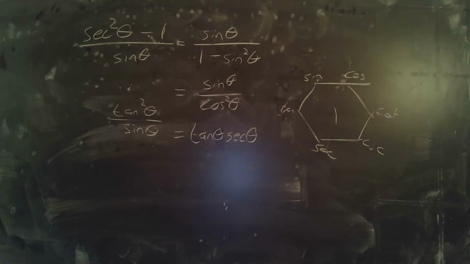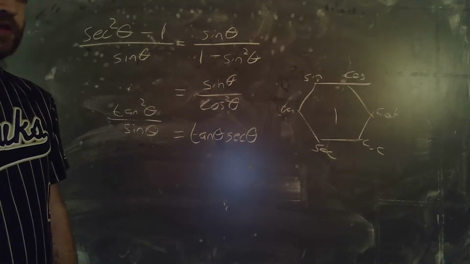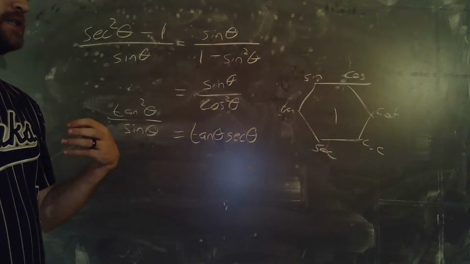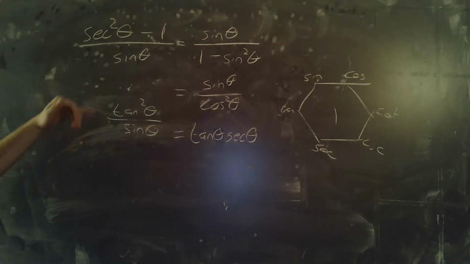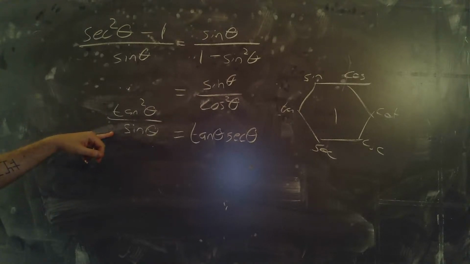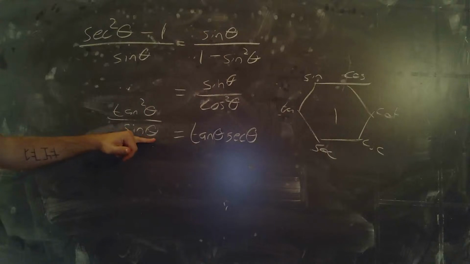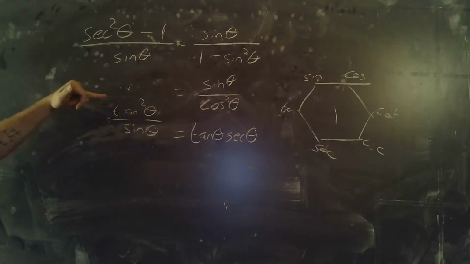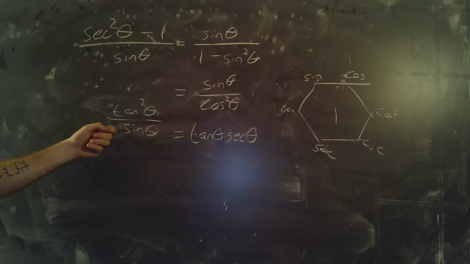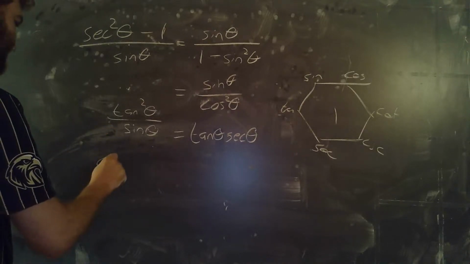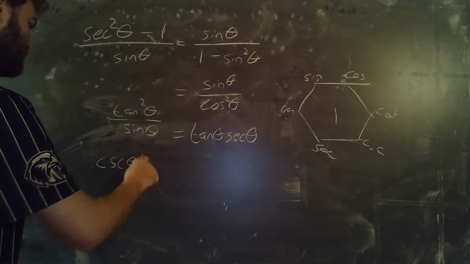So the move that I'm trying to get you to think of as a nice little hack, so to speak, is when you don't know what to do with something, like one thing over the other, you can move something from the bottom of the fraction bar to the top of the fraction bar as long as you turn it into the appropriate thing on top. So a sine on bottom by the reciprocal identities is actually a cosecant on top.